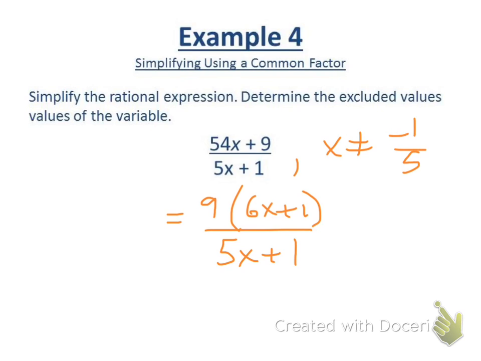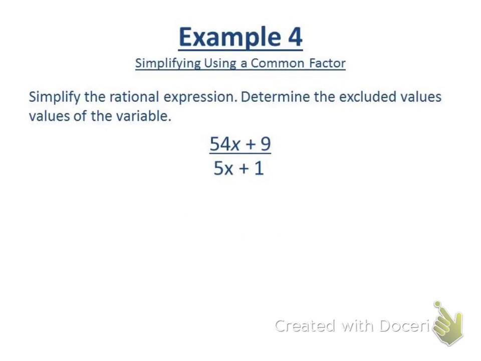What could we change it to make it a simplifiable expression? What do you mean by changing? What if this were 45x plus 9 over 5x plus 1? Would that be simplifiable? Pay attention. Everybody pay attention.